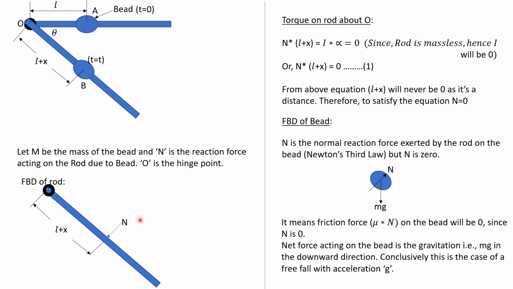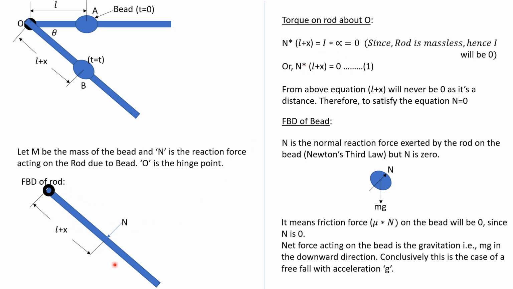Let us consider the torque on the rod about the point O. Torque is force into perpendicular distance. So N into L plus x is equal to the moment of inertia of the rod about point O, that is I, into angular acceleration.